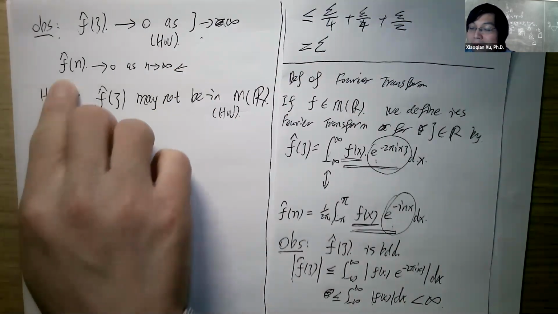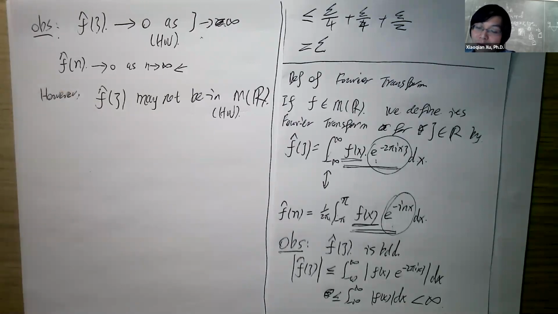We know that only if your f is twice continuously differentiable will your f hat of n have some decay, less than or equal to 1 over n squared. So there is no reason for us to expect the Fourier transform of a function to decay very fast if you do not have some kind of smoothness of your function itself, right?